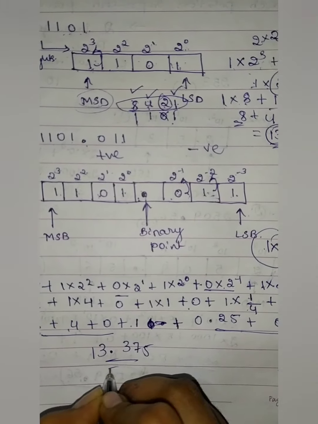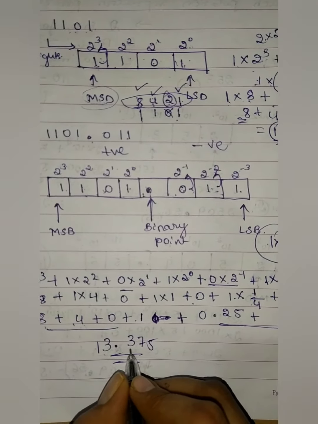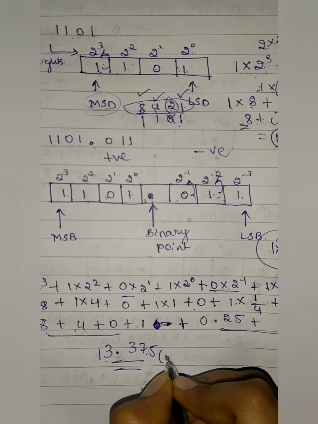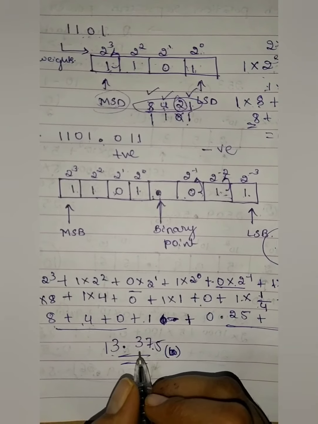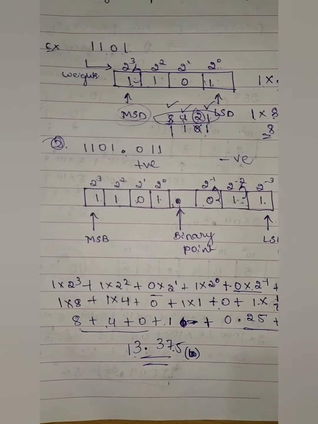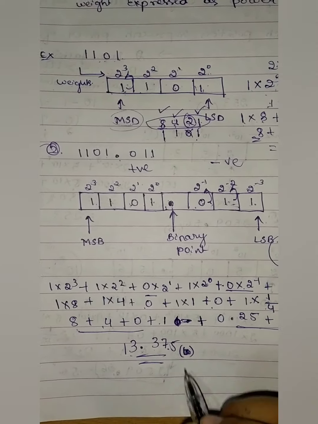So the value is 13.375. This is a decimal value because it doesn't contain any binary values, so we are converting binary to decimal.